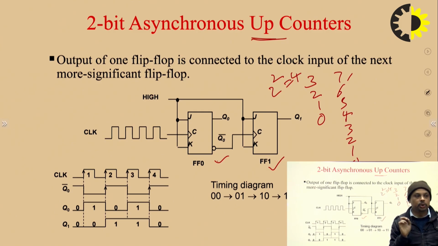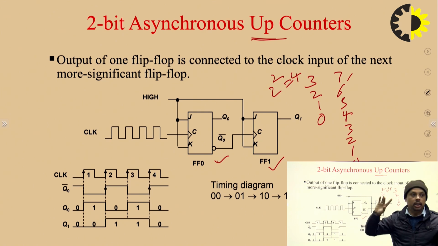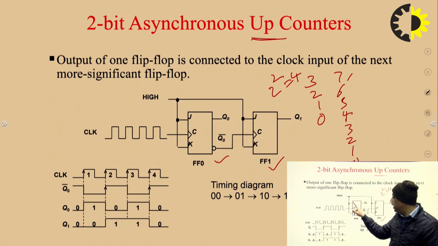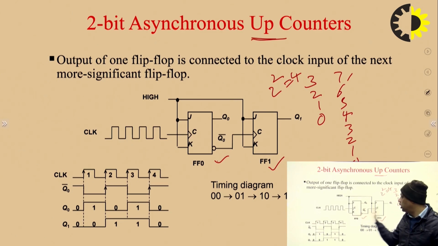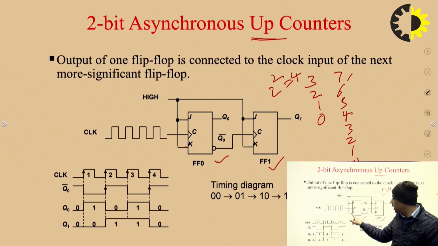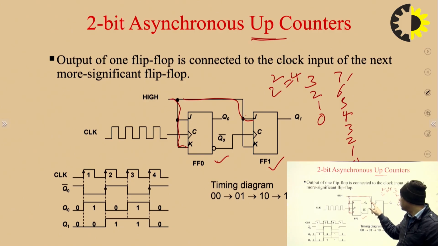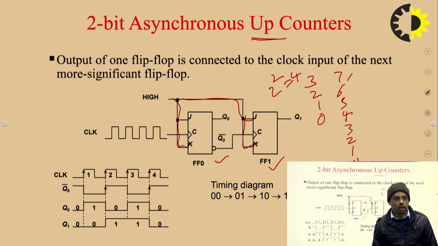First and foremost, we have to put the JK into toggle condition, and for doing this J and K must be equal to 1 in all the flip-flops. So J is equal to 1, K is equal to 1, as we can see over here and over here. So in both cases, these 2 flip-flops are in toggle condition.